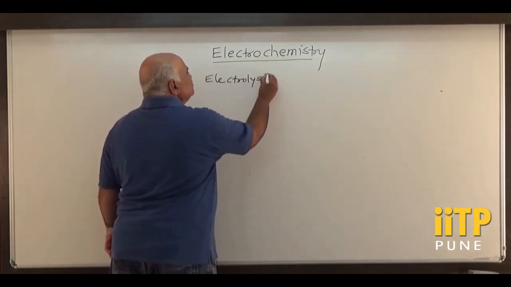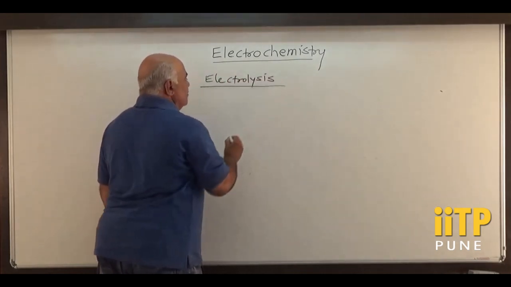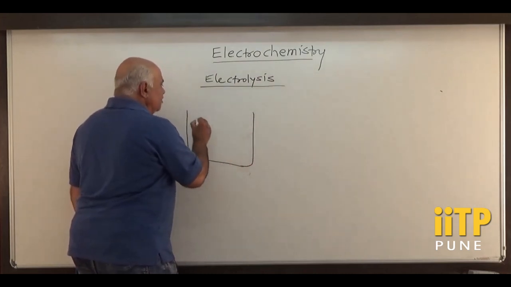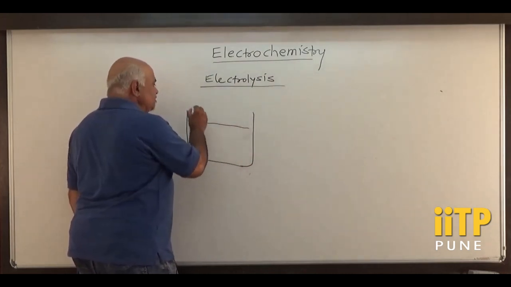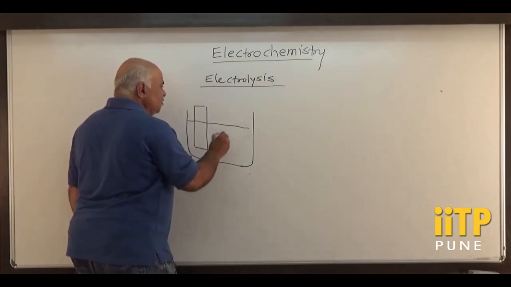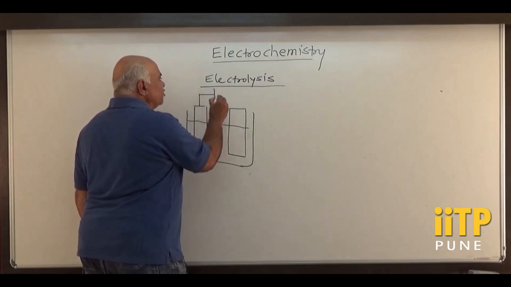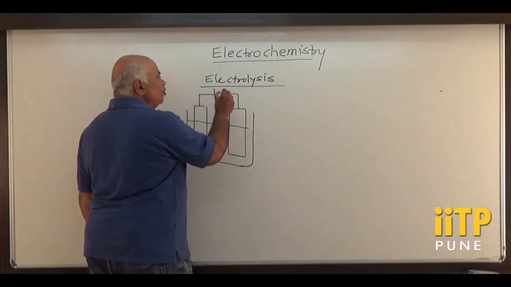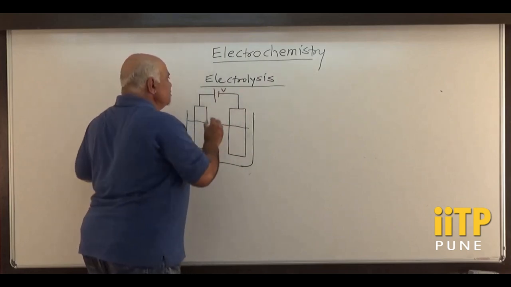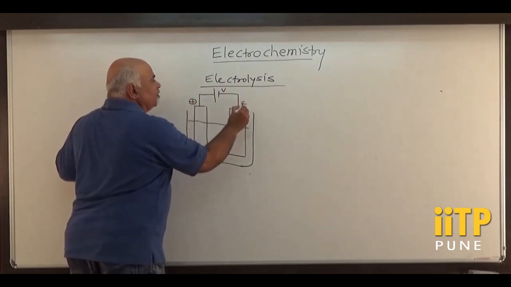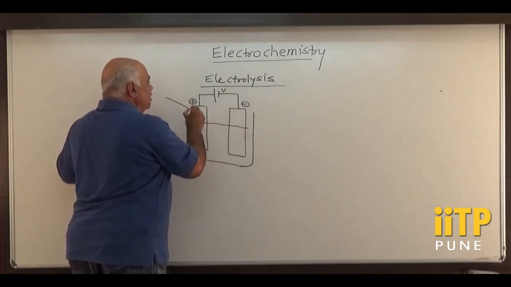electrolysis. Here what we require is an electrolytic cell, the container having the electrolyte, one electrode and the other electrode connected together, very important thing, by a power supply, DC volts. The positive terminal is connected here, the negative terminal here.